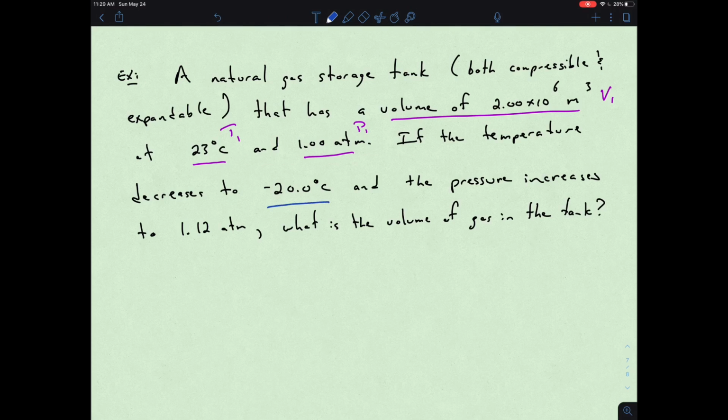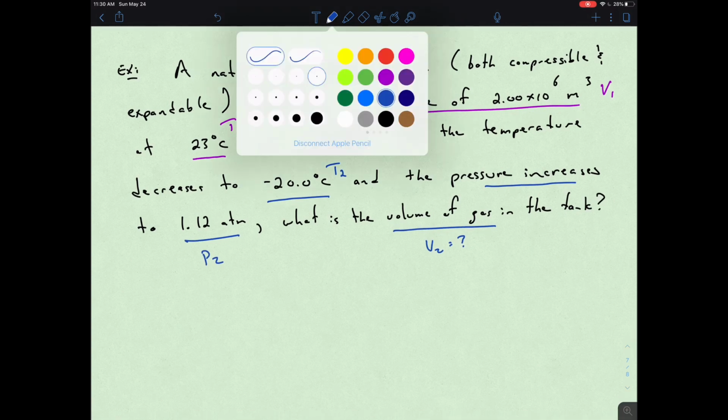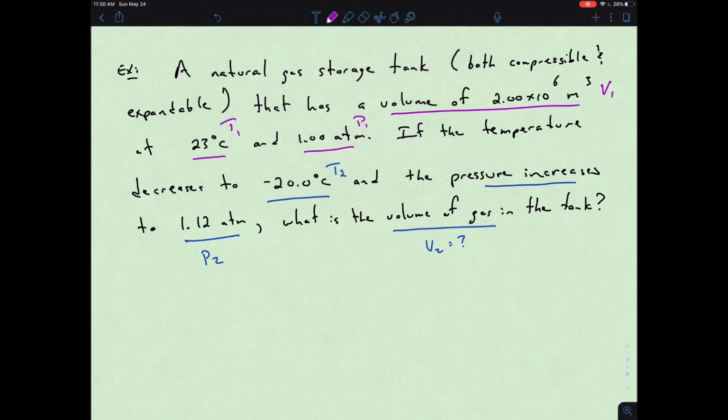We also have pressure increasing to 1.12 atmospheres, and we're asked the volume of the gas. So here's our second set of conditions with this new temperature and new pressure, and they're asking what the new volume is. So that's the combined gas law representation.